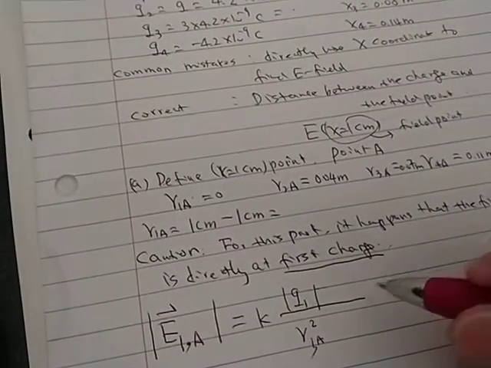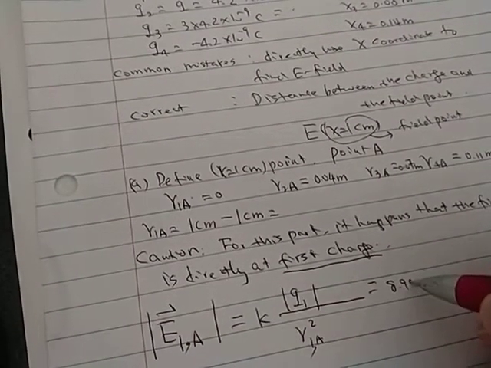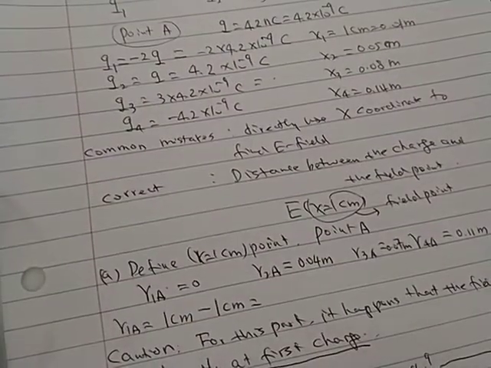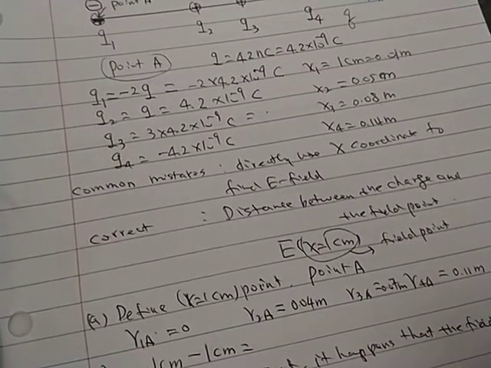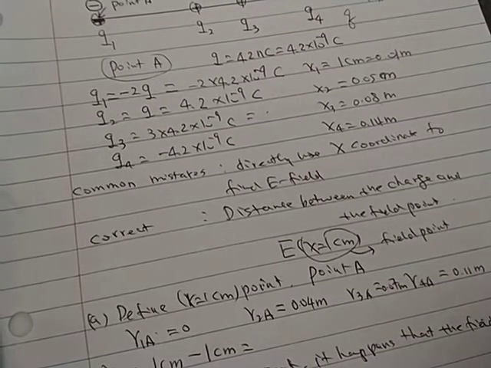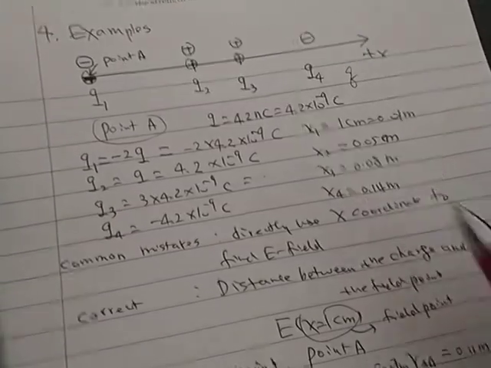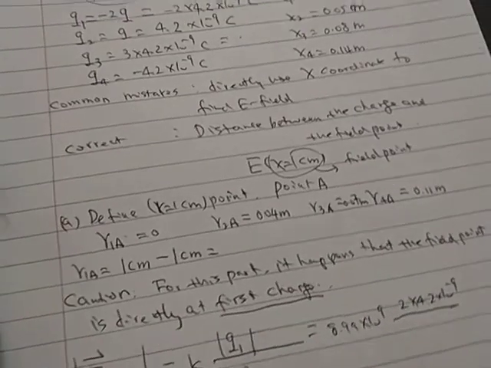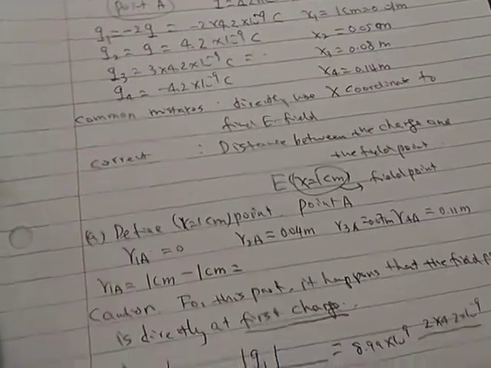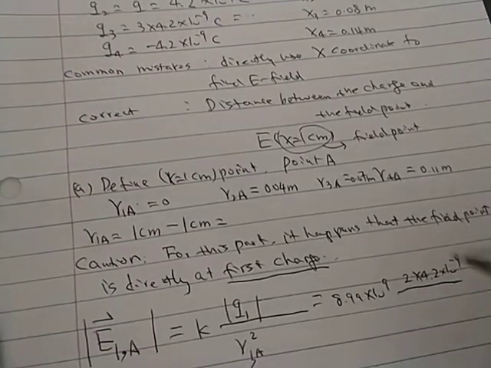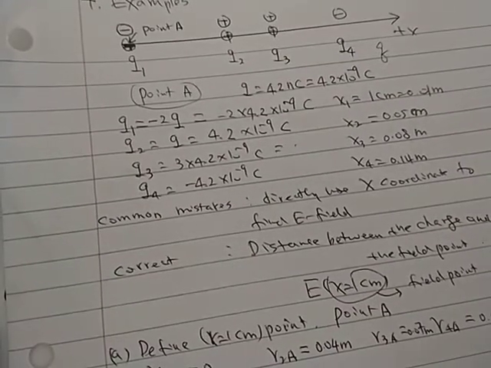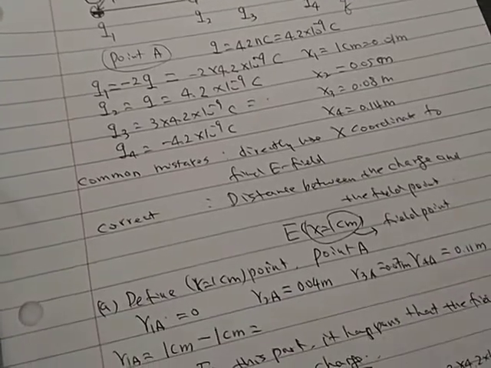So then we just plug in these numbers. 8.99, that's the Coulomb constant. We know Q1, which is 2 times 4.2 times 10 to the negative 9 coulombs. Because I take absolute value, the negative sign is gone. The denominator is the distance, as I mentioned many times, which in this case is 0 squared. So therefore, if you do the calculation, you find this is just infinite.